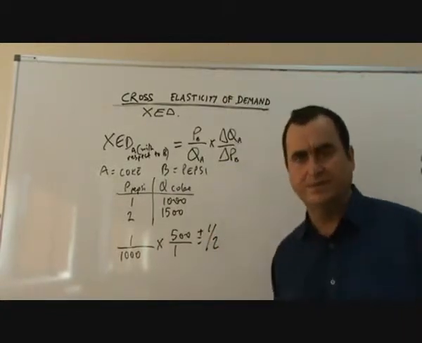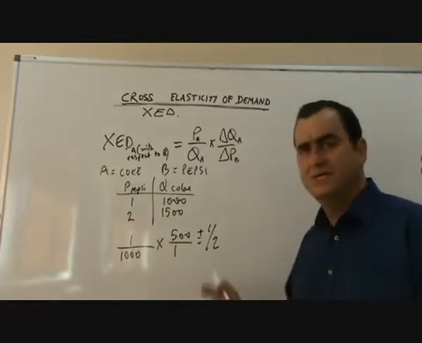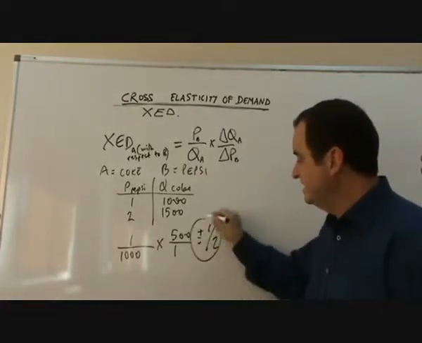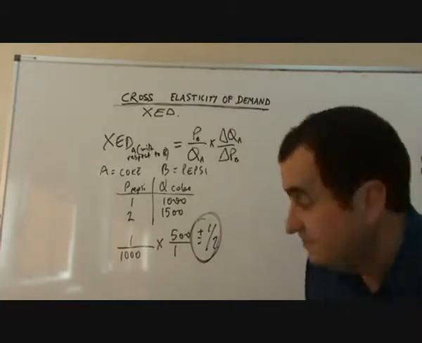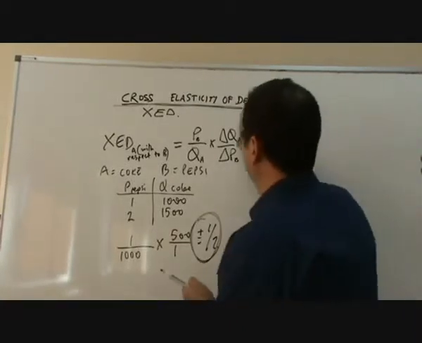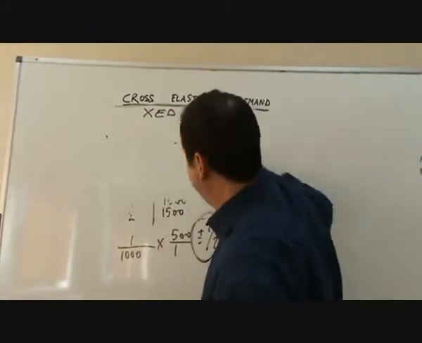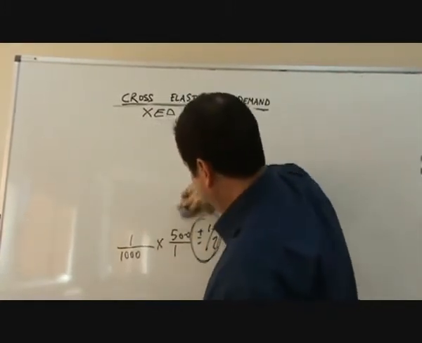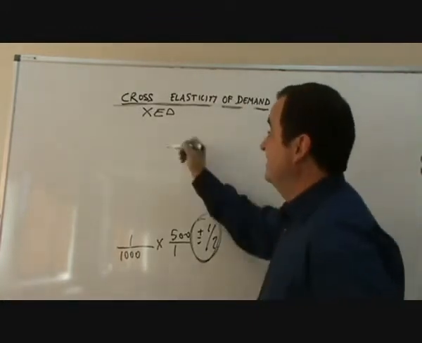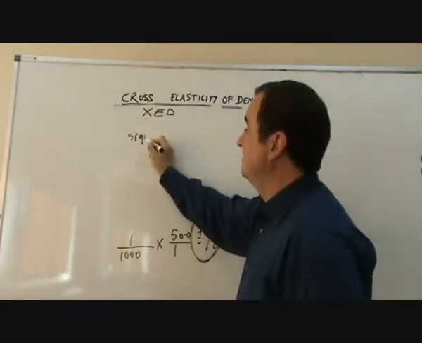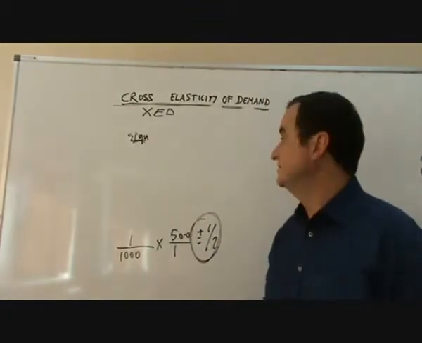Well, just like with income elasticity of demand, it's really important that you take your value and you look at the sign and the size. So we've got this plus a half. Sign, is it plus, is it minus?